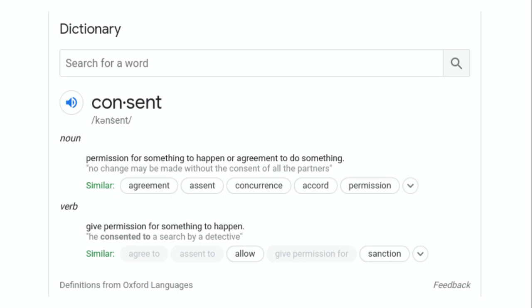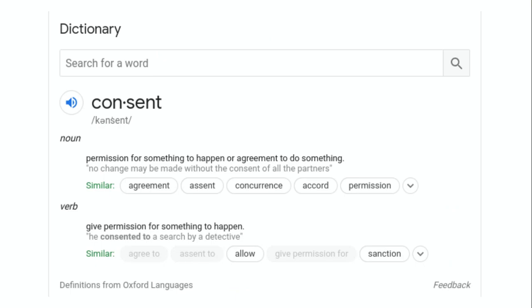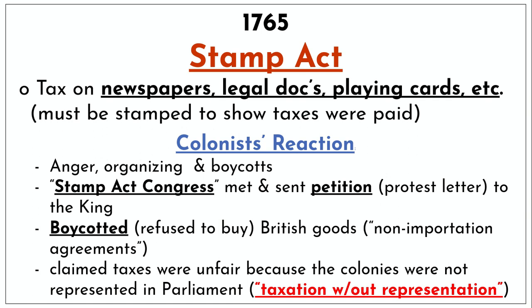Back then, it would have been their representatives in Parliament, which is the British legislature. The thing is, however, these colonies had no representation in Parliament, so they were being taxed without representation, which means they could not give consent to this. So they believed these laws, the Stamp Act, were unconstitutional under British law.